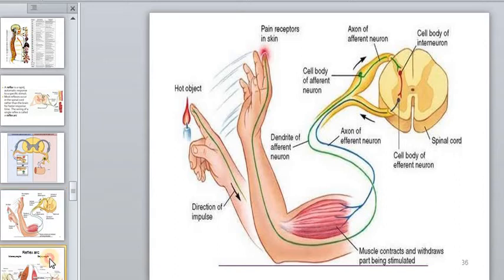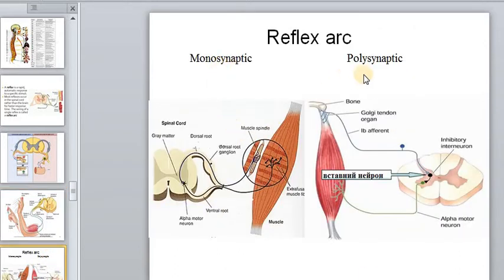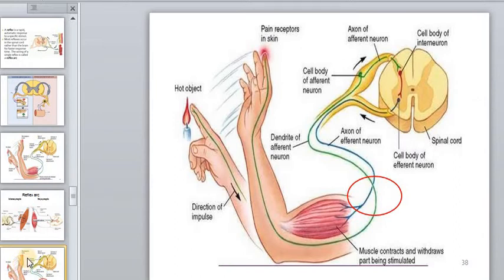So, next one, here we see the monosynaptic and polysynaptic reflex arc. It depends on how many neurons we have in these parts, whether we have an interneuron or don't have. And next important, we see that these green and blue fibers are part of the same nerve.